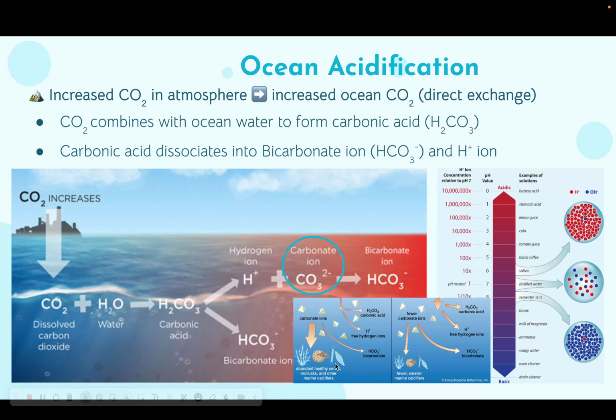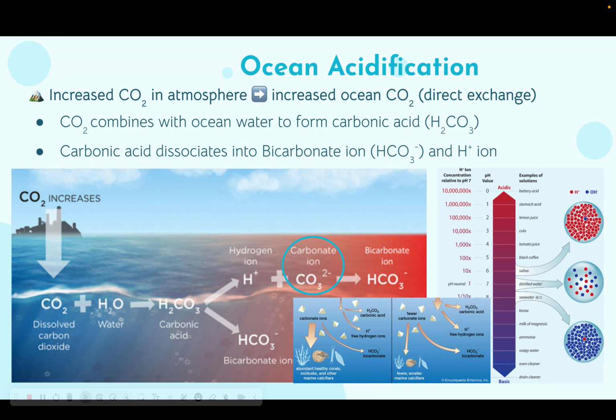Although it actually is. What it ends up causing is it takes away the carbonate ions so that they're not available to go into marine organisms like coral, different crustaceans that use those carbonate ions, and different zooplankton and phytoplankton, mostly zooplankton.